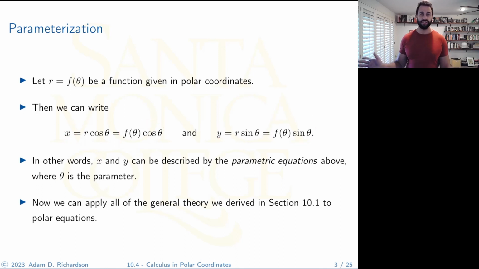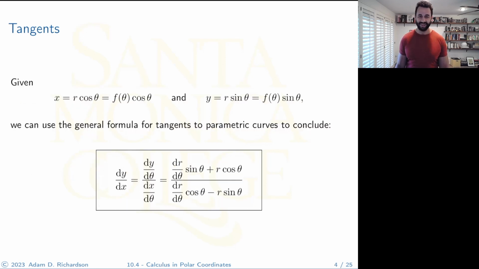Now we can apply the general theory that we developed in section 10.1 and get all of these formulas, just now in terms of polar coordinates. Given these parametric equations, we can use the general formula that we derived for tangents from section 10.1 to conclude that this is the slope of the tangent line.